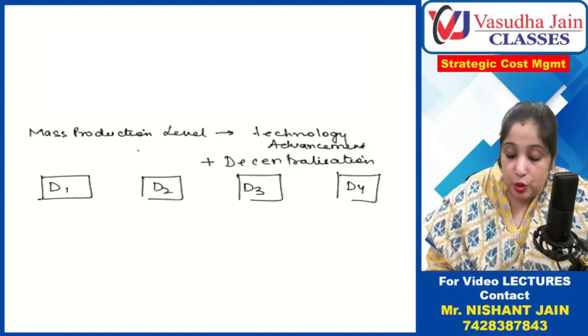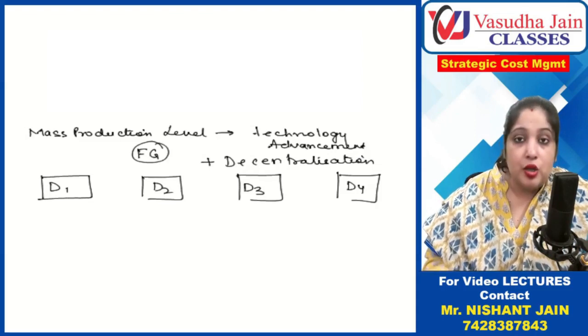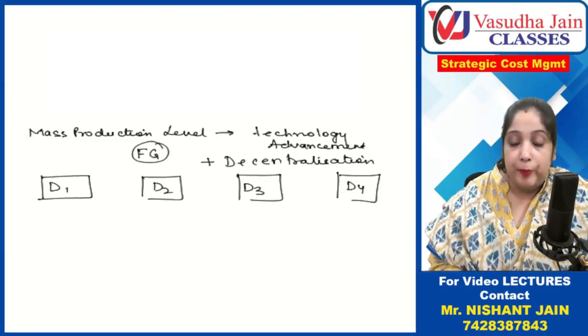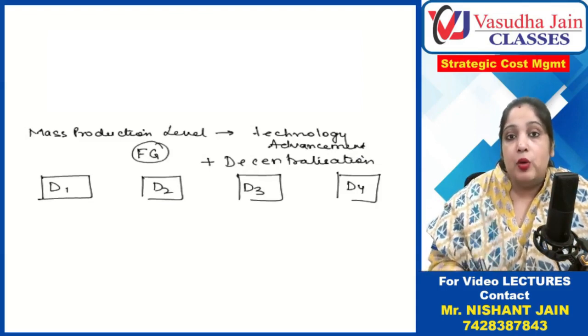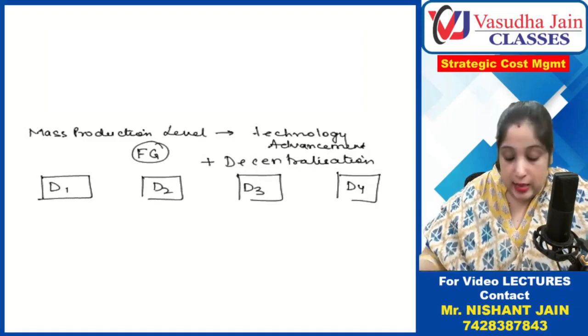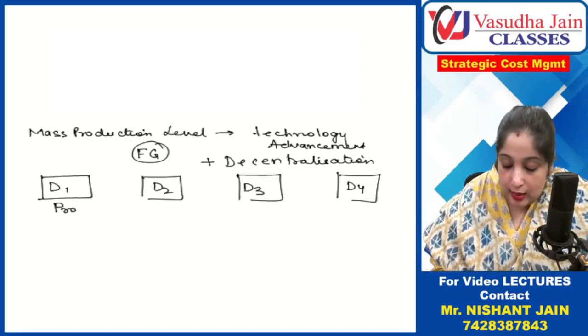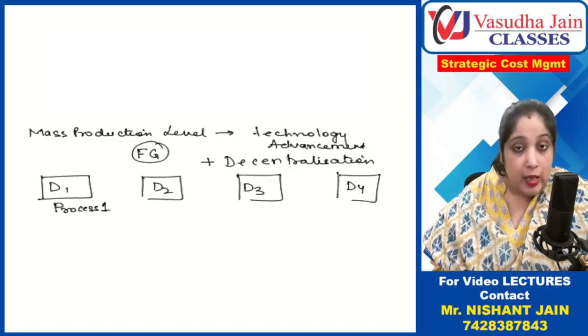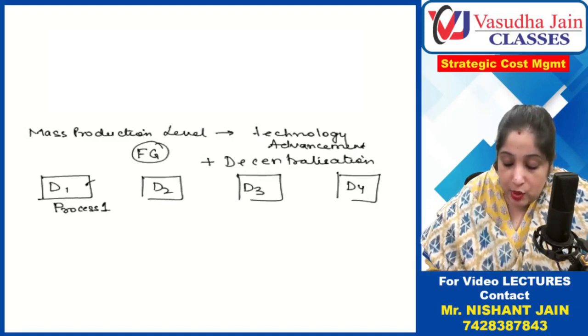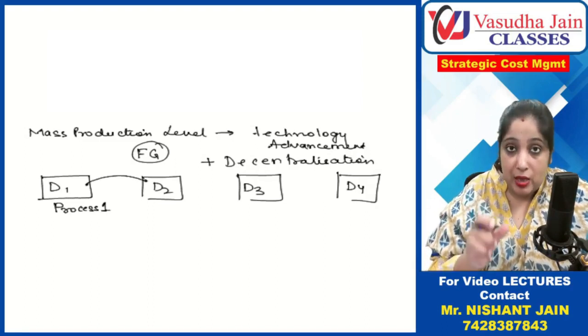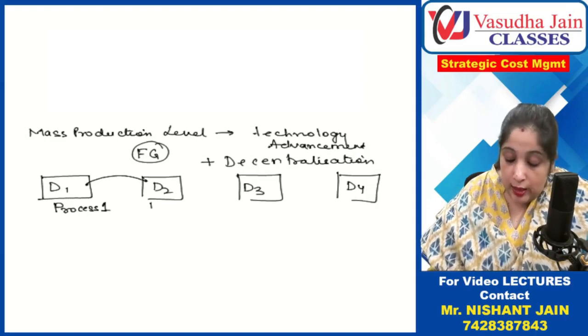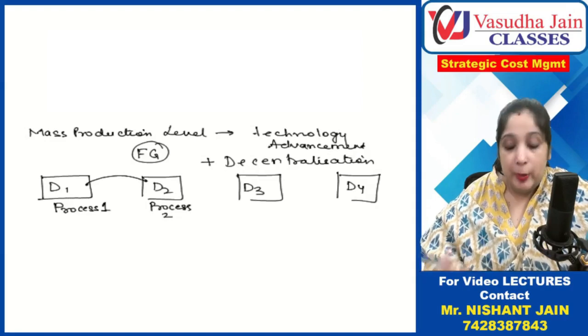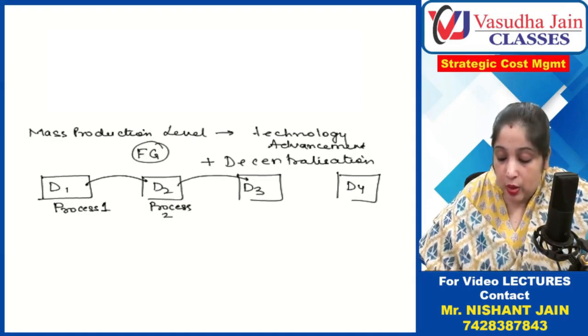Now if a finished good is to be manufactured, it is not manufactured by just one department. The finished good is manufactured in different processes. Suppose process 1 is undertaken in department 1. Then the intermediate good is transferred to department 2, where process 2 is undertaken. Then the further intermediate good is transferred to department 3.